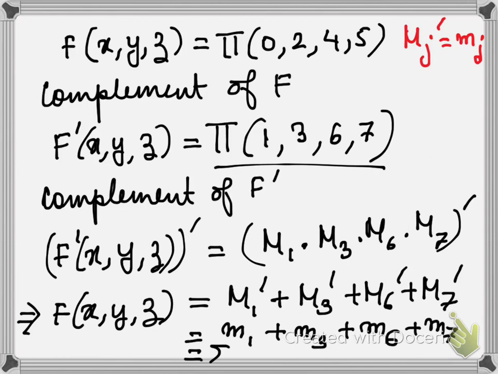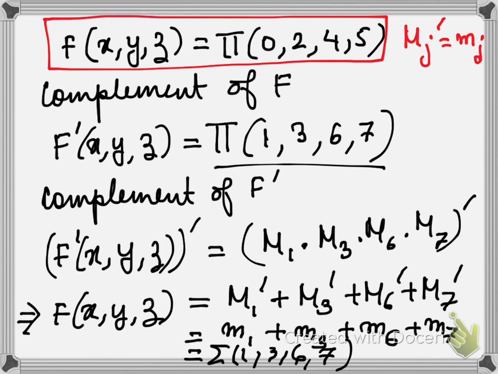Let me write it using the summation symbol: 1, 3, 6 and 7. So our function, which was in product of max terms format, has now been changed to sum of min terms format. So this is how you do the conversion.